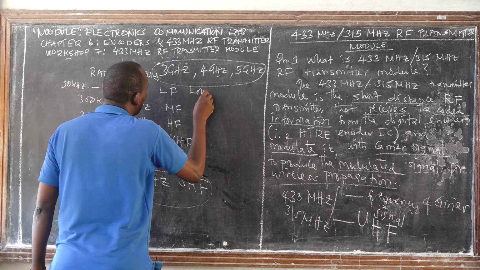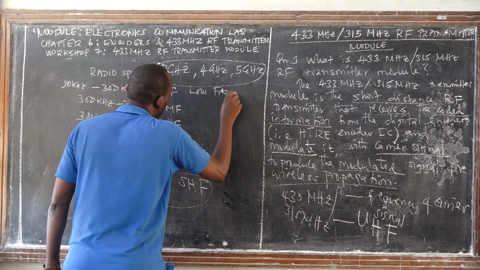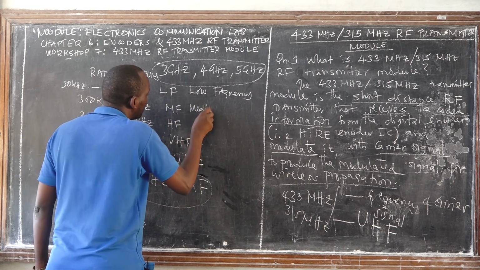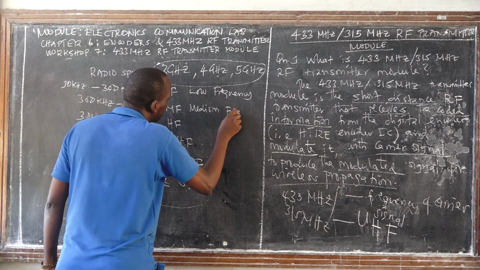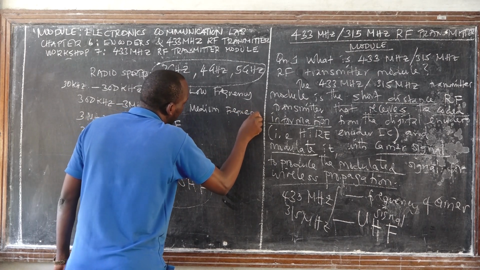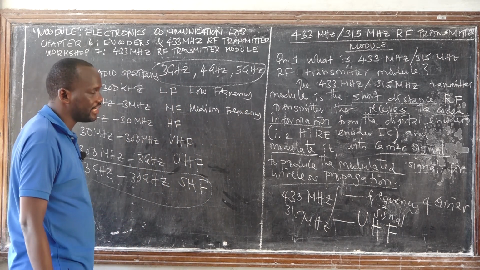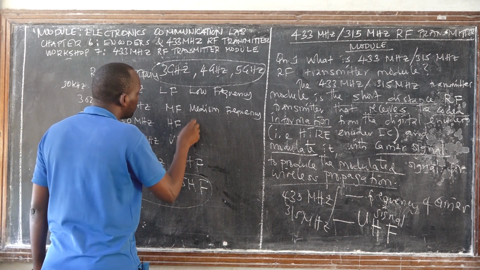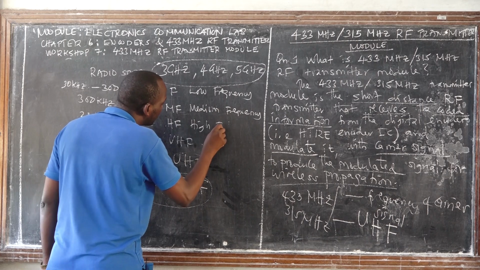This is called low frequency. MF is medium frequency. Then this one is high frequency.